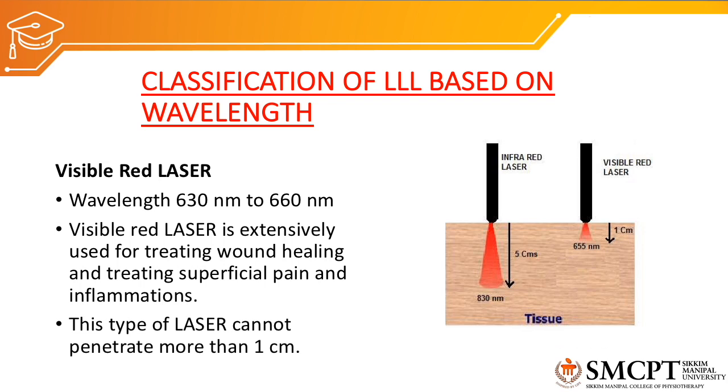This type of laser cannot penetrate more than 1 centimeter. You can see in the second picture here, this is the visible red laser, where it is penetrating only 1 centimeter depth and its wavelength is 630 nanometer to 660 nanometer.